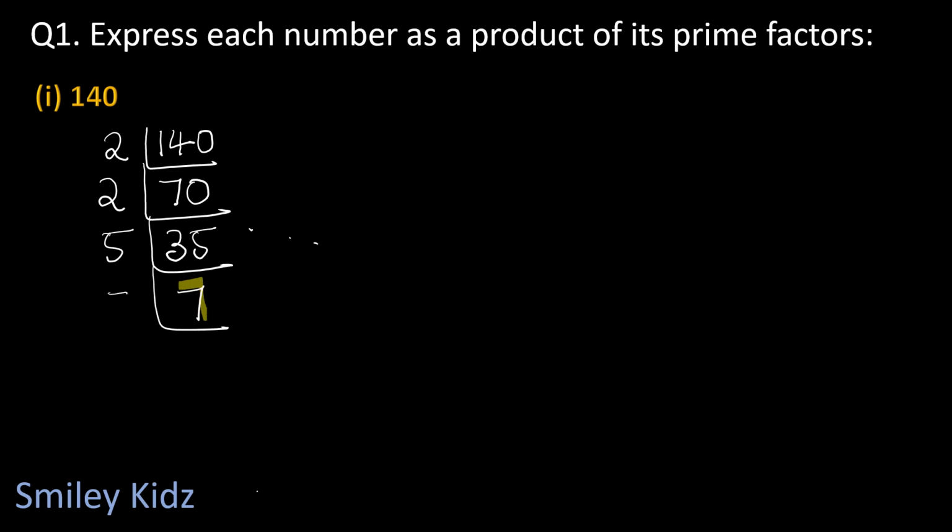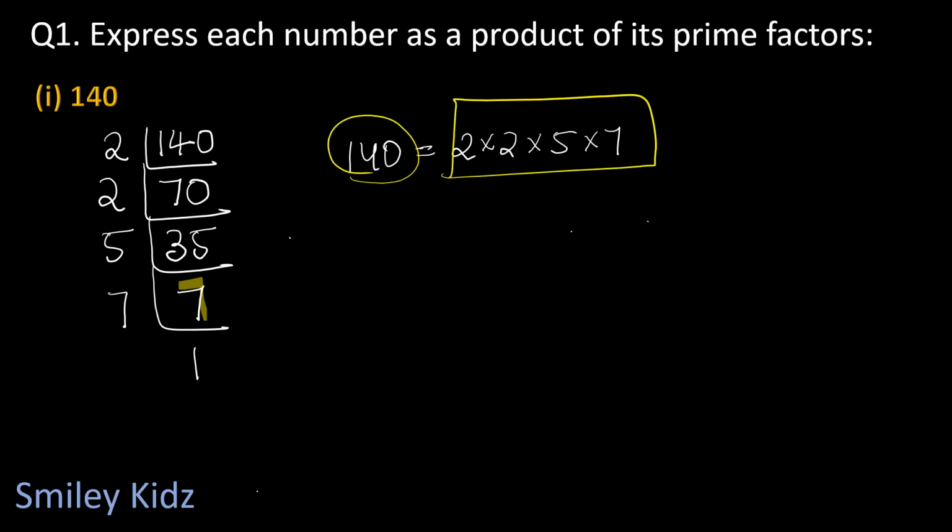Then 7 times 1. Now we know that the prime factors of 140 are 2 into 2 into 5 into 7. Now I have expressed 140 as the product of its prime factors.